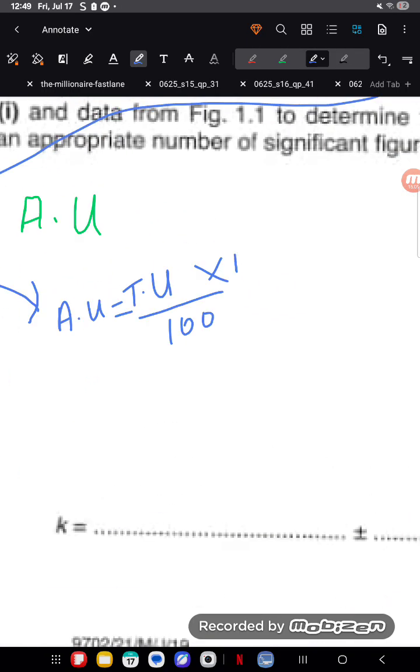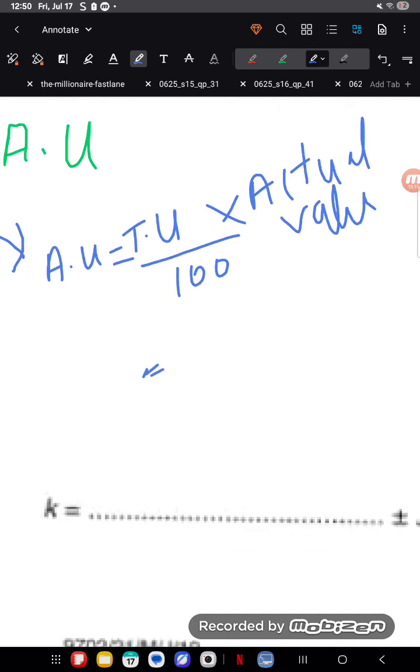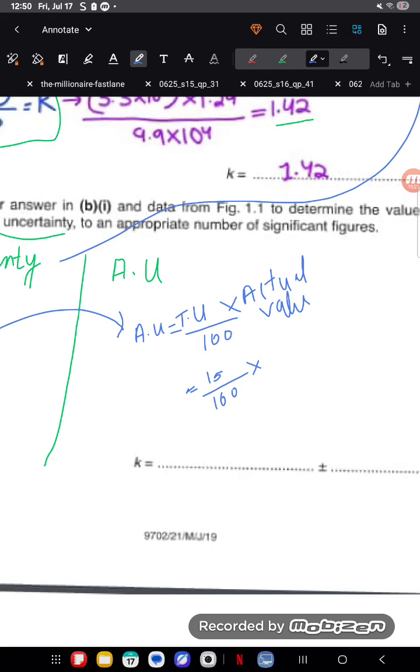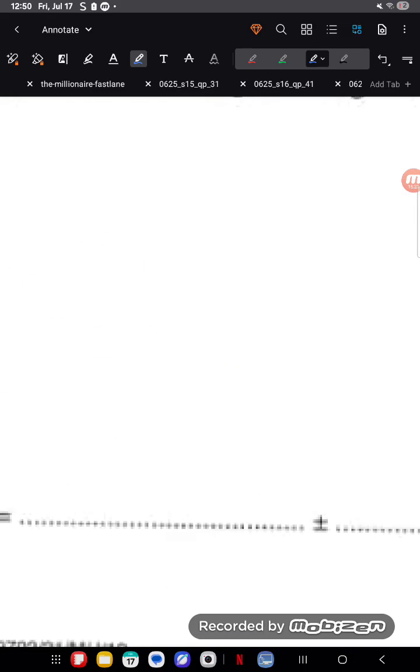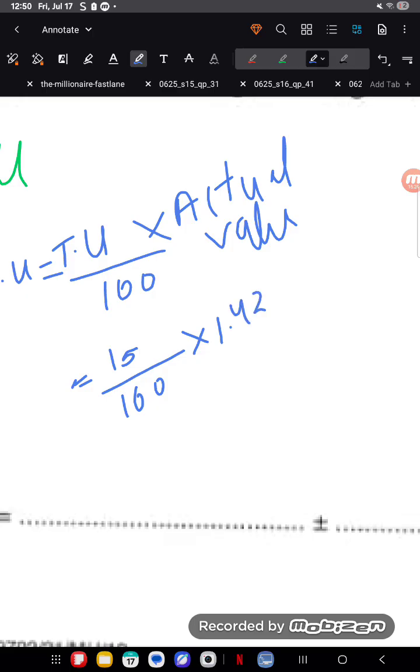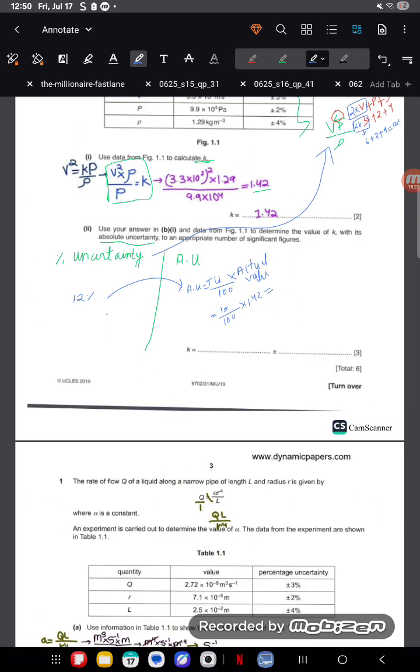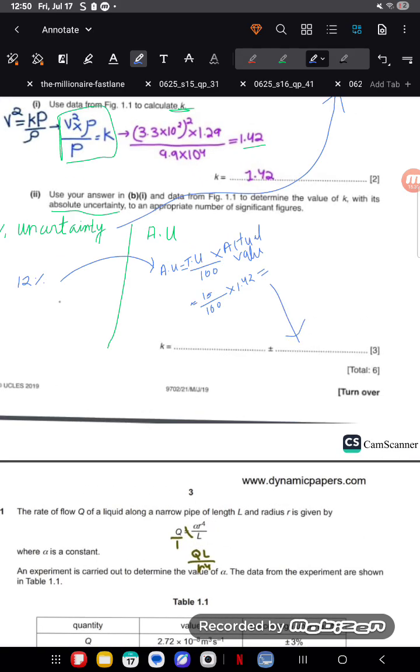And this is the reading or actual value, the mean value. So we got 15 divided by 100 multiplied by the actual value we got, that is 1.42. So you will get the absolute uncertainty. This is for absolute uncertainty you will get here, and the value of k you will write here.